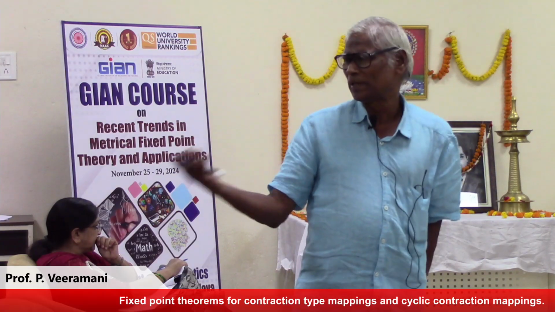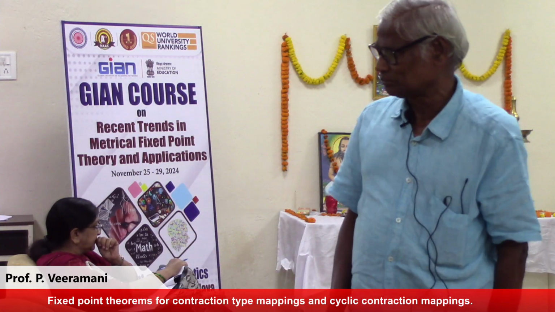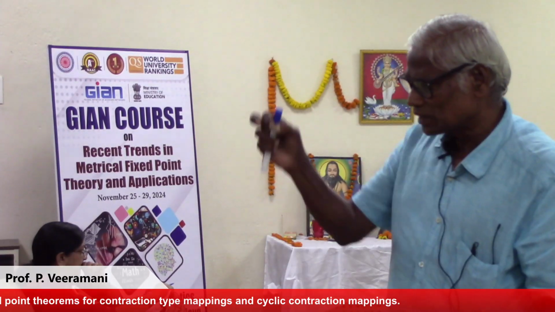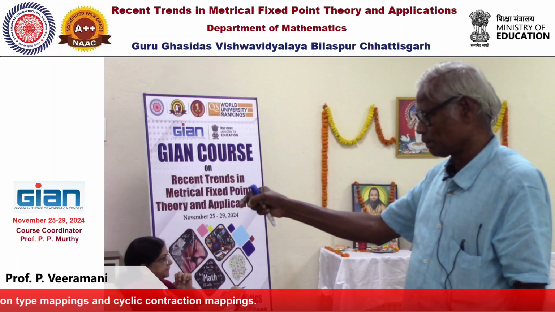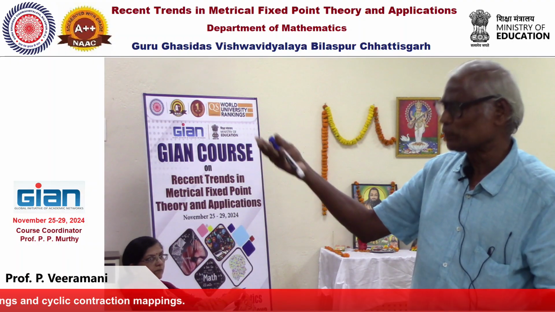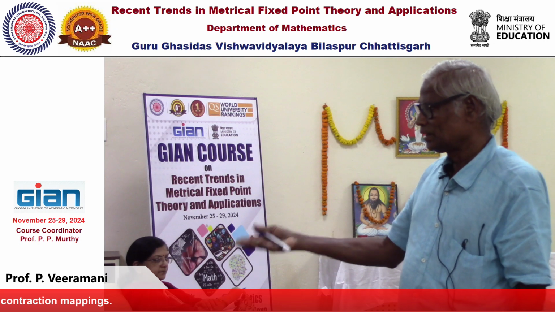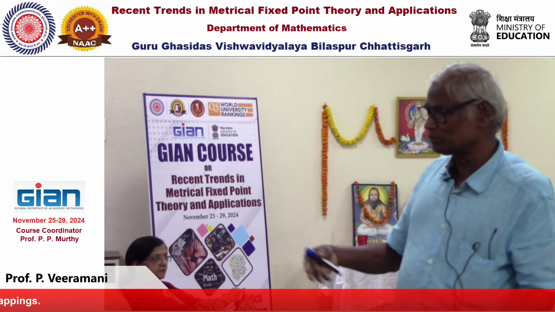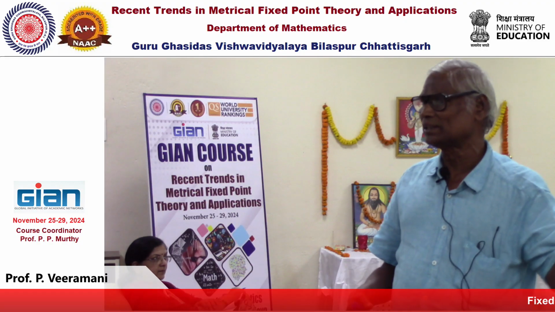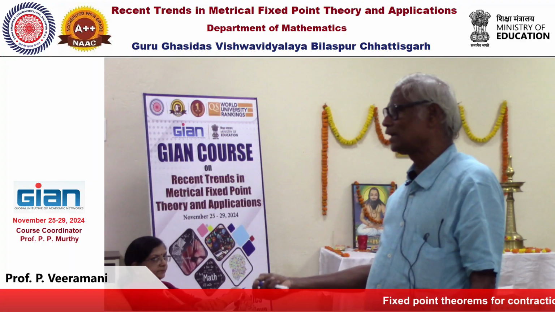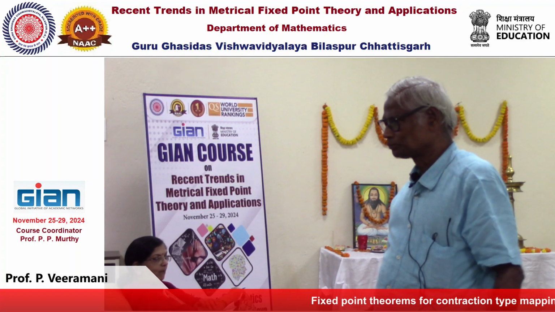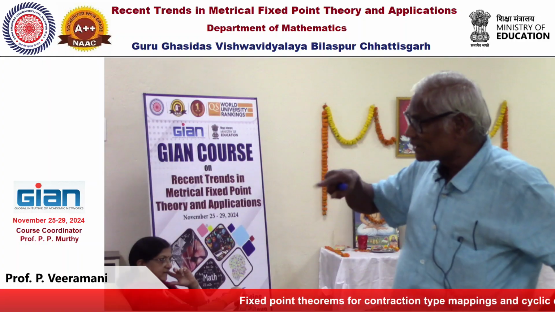So many times we discussed the Kautz iteration. What essentially do we use? Start with any x naught from A, I mean x naught from the domain. It may be capital X if it is mapped from X to X, in this case A union B. X naught from A union B means x naught is in A or in B. Then what is Tx naught?